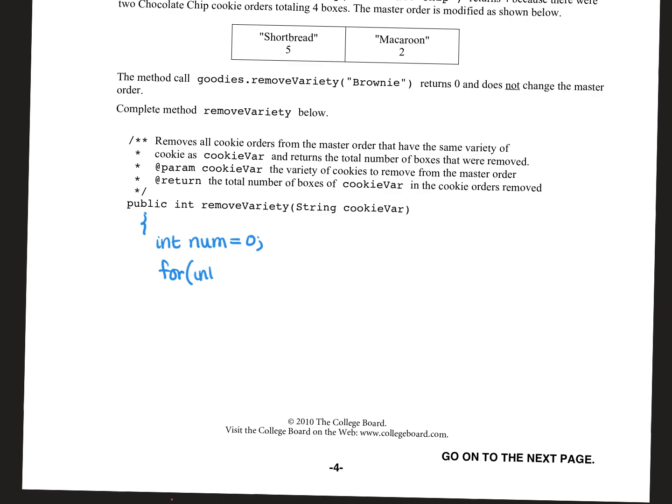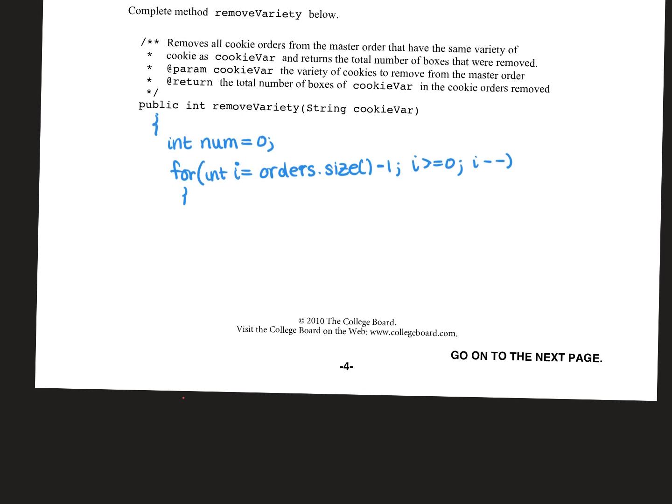So for int i equal to orders.size() minus 1, because remember, the last index is always one less. Then i has to be greater than or equal to 0, and then i minus minus. So we're going to pick up a cookie order in orders and see if it has the same name as the cookie variety.